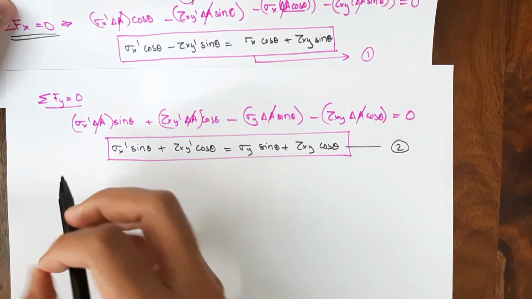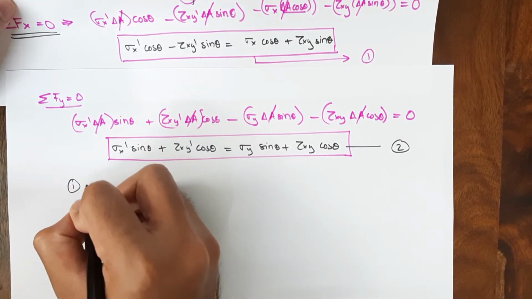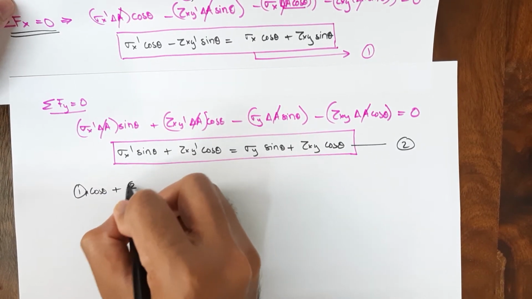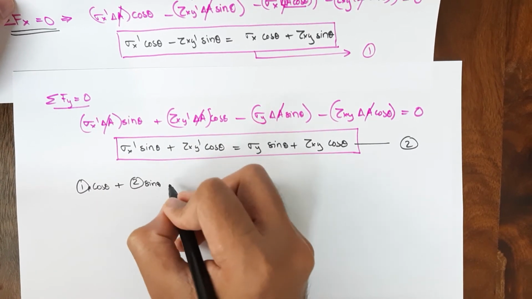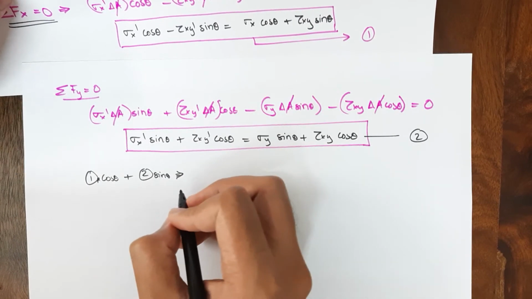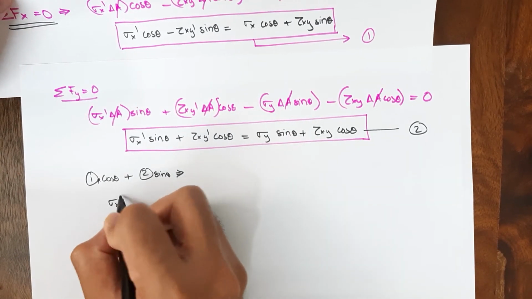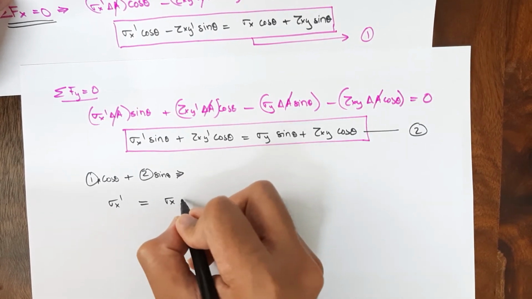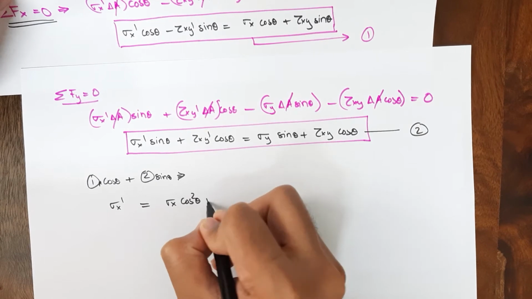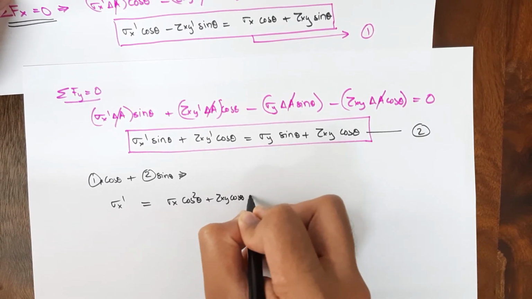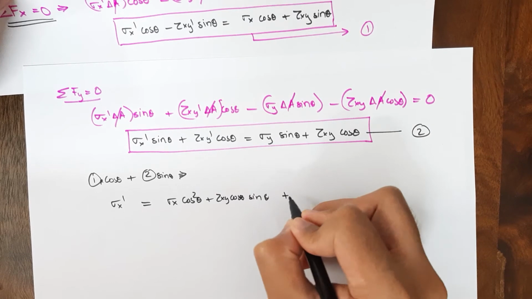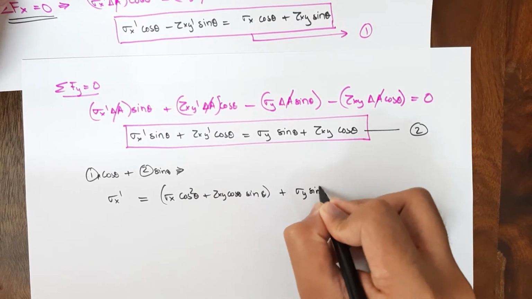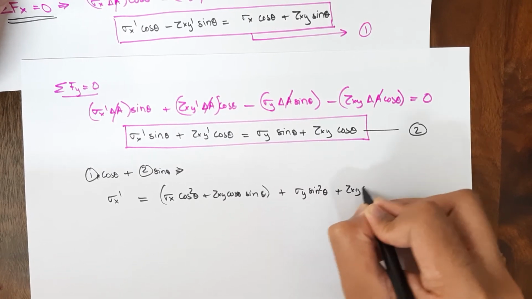So basically, if we multiply equation 1 with cos theta and add it with equation 2 multiplied by sine theta, then we get sigma x dash is equal to sigma x cos square theta plus tau xy cos theta sine theta plus sigma y sine square theta plus tau xy cos theta sine theta.